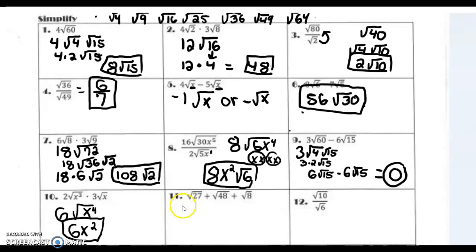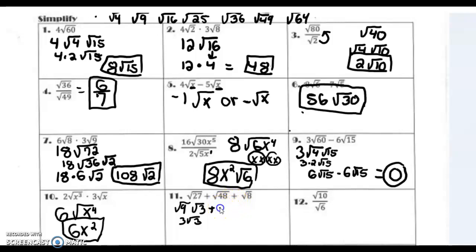Number 11, we're going to break down everything. And I think all of these numbers have a perfect square in it. So the first one is 27, which would be 9 and 3. Square root of 9 is 3. So we have 3 radical 3. Okay, 48. What does 48 have in it? It has a 4.